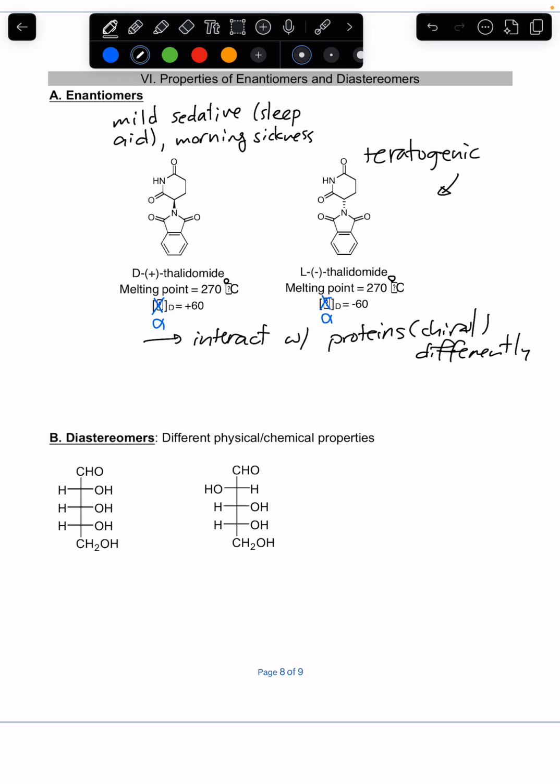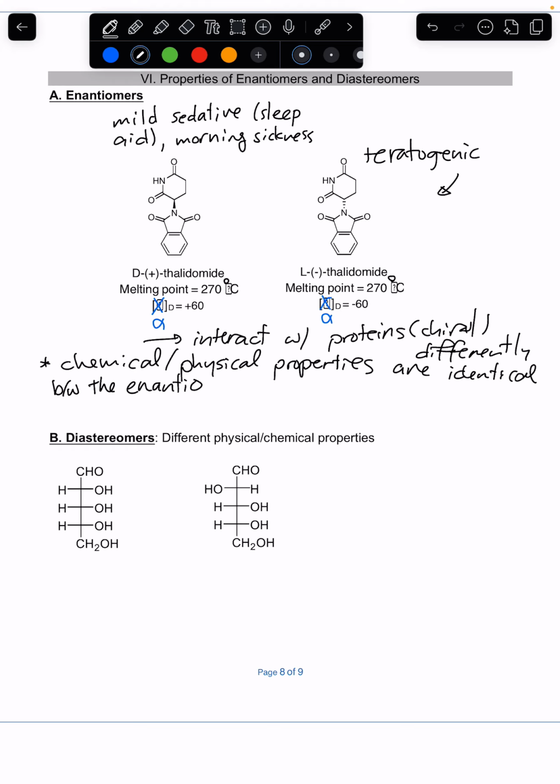However, in general, chemical and physical properties are identical between the two enantiomers, except for optical rotation.